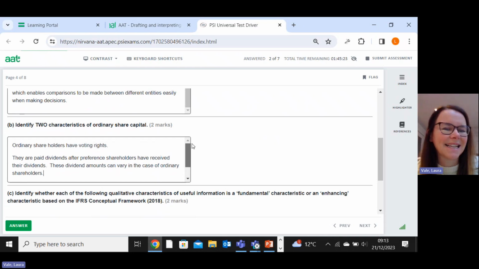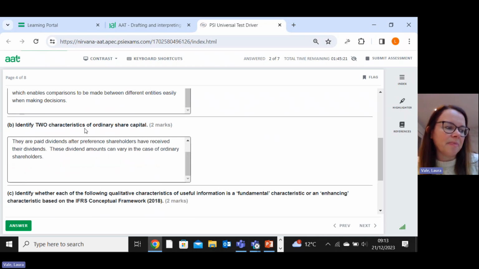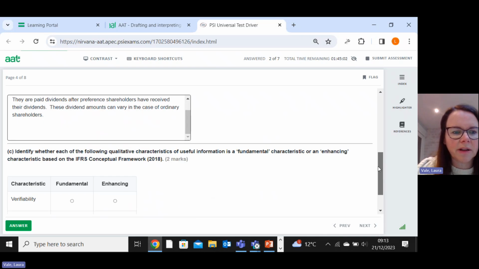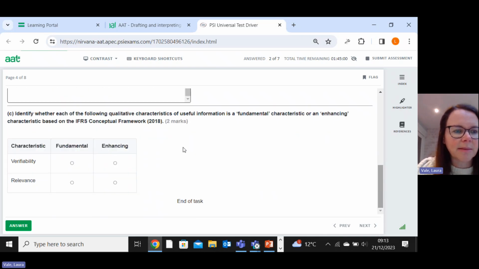So quite easy, really. If I had to predict, a lot of the real AAT exams are quite similar to the mocks, some questions at least. So an obvious alternative question would be 2 characteristics of preference share capital, so do make sure you have a look at those. And then part C is just ticking boxes. Identify whether each of the following qualitative characteristics is fundamental or enhancing.